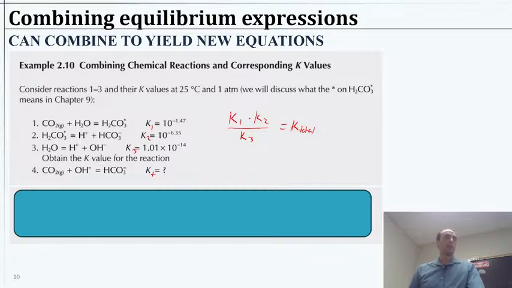All right, so I think if I take a look at these reactions, we're going to need to add the first two together because we need to get to HCO3 minus on the right. And if we add those together, these two will cancel, which will be helpful.